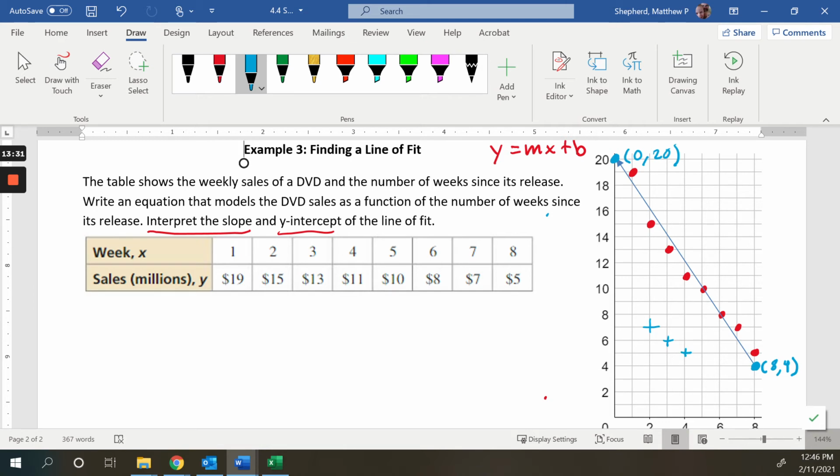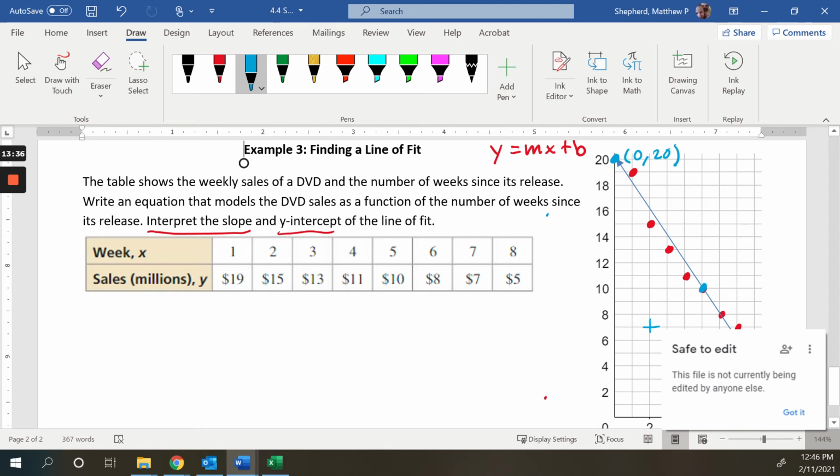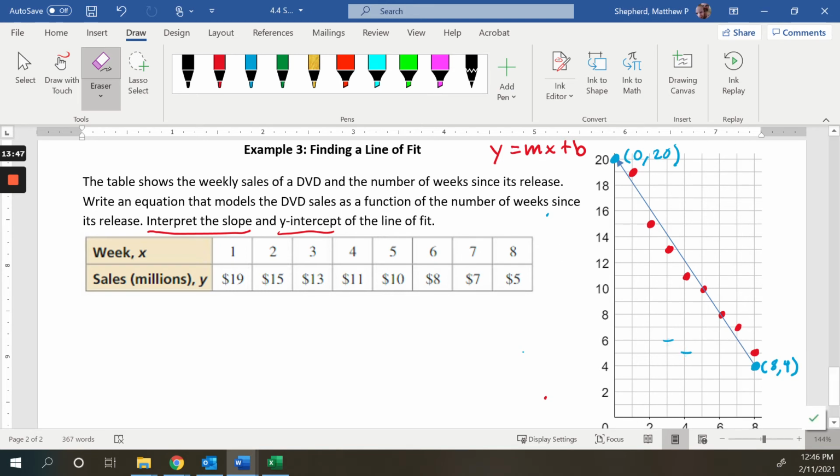You're trying to find where your line that you just drew crosses. So for example, here would be another great place where I feel like my line was crossing a lattice point. All right. So I'm going to use those two points first to find slope.